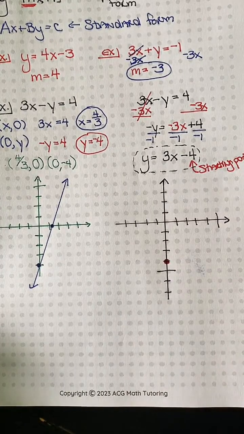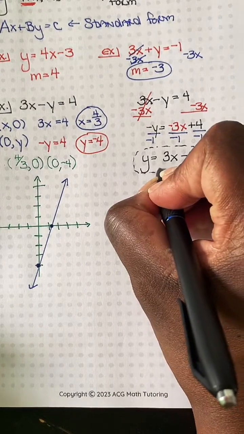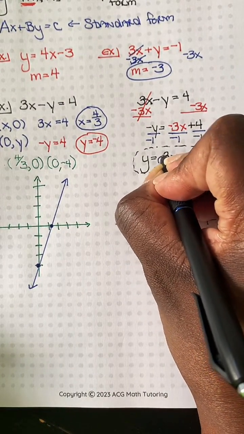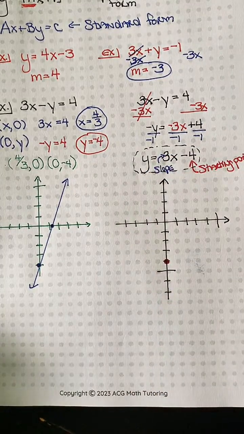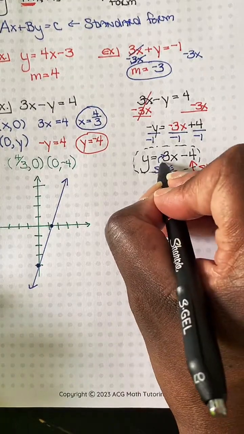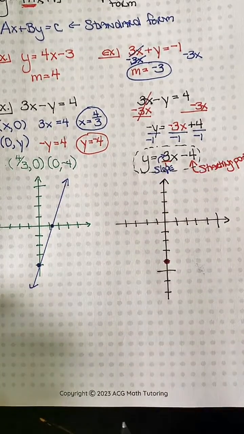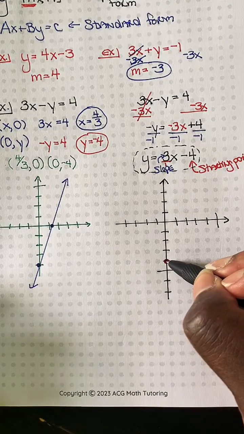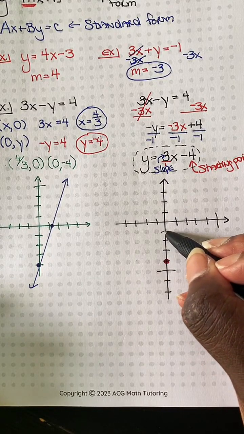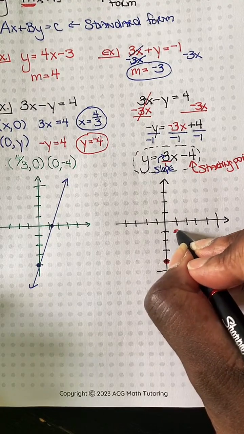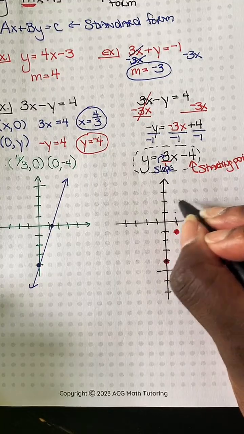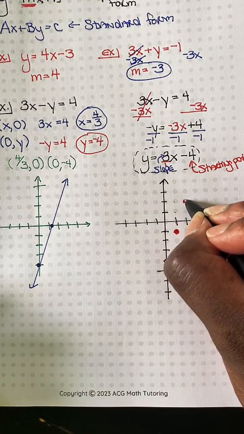Now I have my slope, my rise over run, which is a positive 3. Anytime it's a whole number, you always put it over 1. So from the starting point, I'm going to go up 1, 2, 3, and over 1.